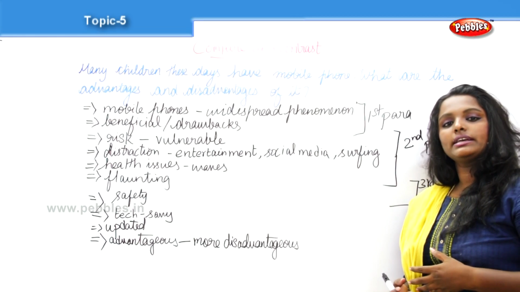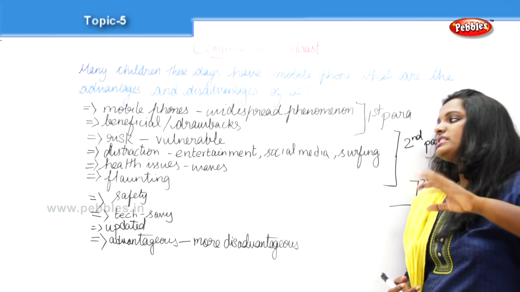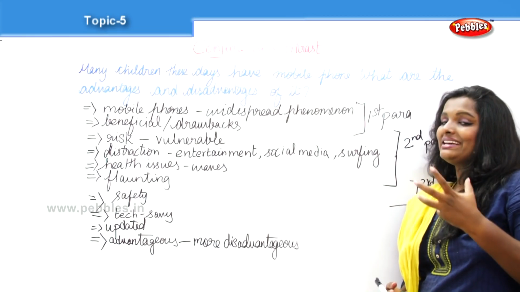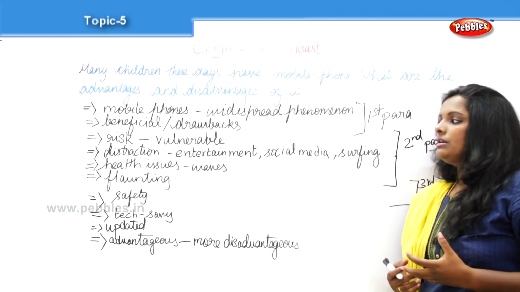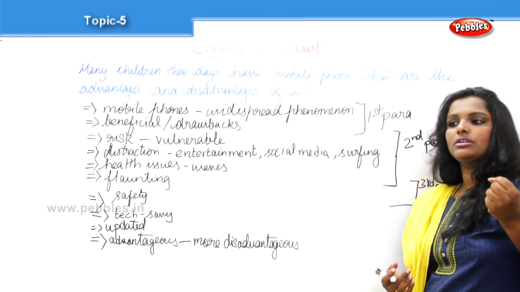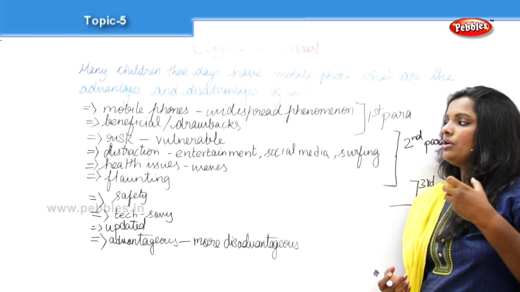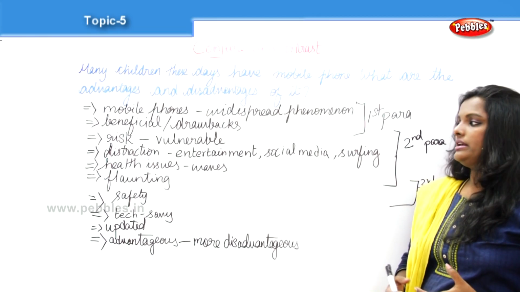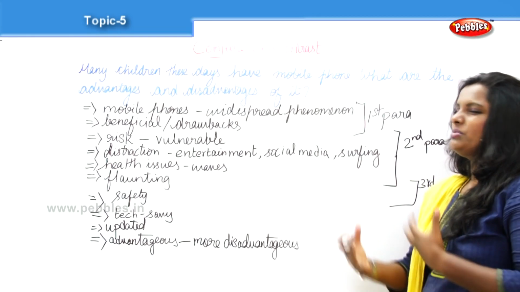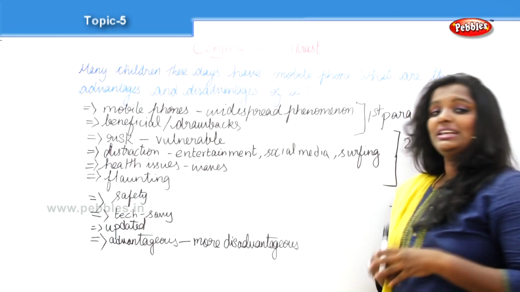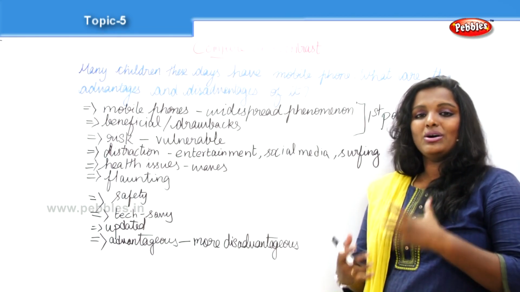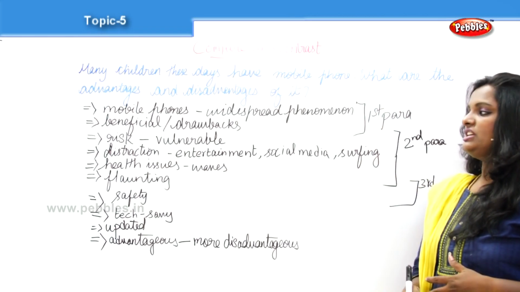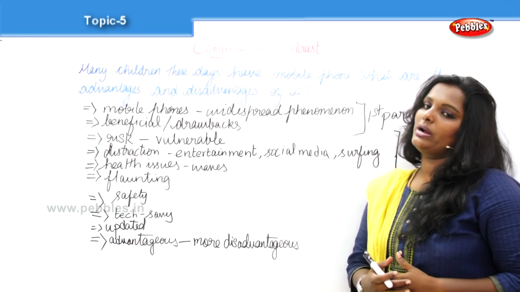Then in the second paragraph, you will have the risk factors, because kids are more vulnerable to being affected in many ways, right from snatching of mobile phones or getting used to unnecessary things, and distraction: too much entertainment, social media, chatting, surfing, browsing the internet. These are definitely a distraction for any child.